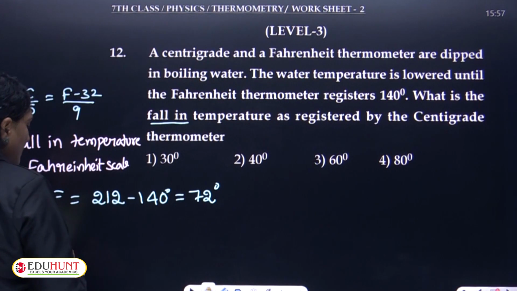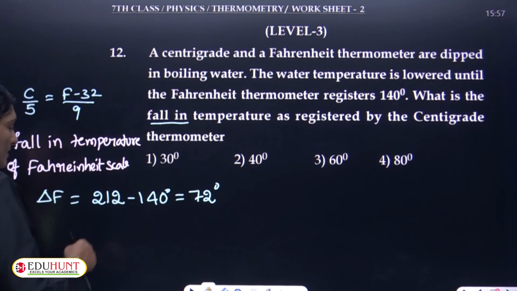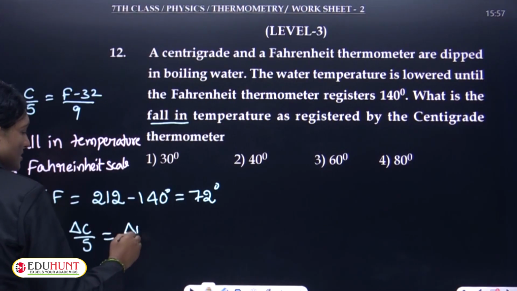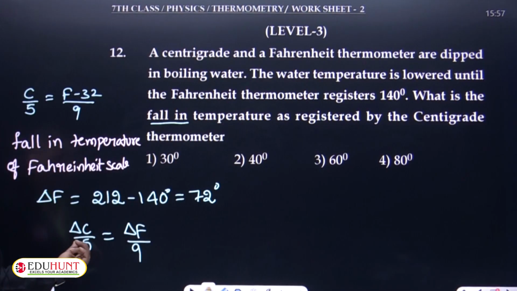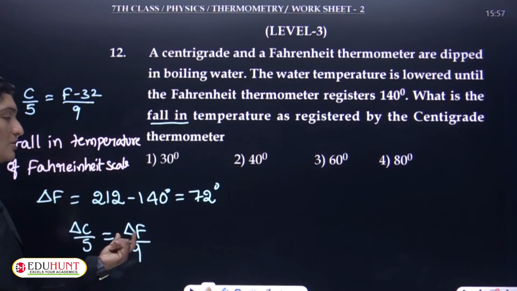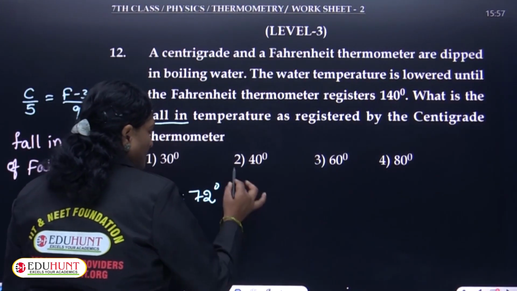Okay, so now we have to compare the same with the Celsius scale. No doubt, we can say that delta C upon 5 must be equal to delta F upon 9. So 5 times the difference in the Celsius scale must be equal to 9 times the difference in the Fahrenheit scale.